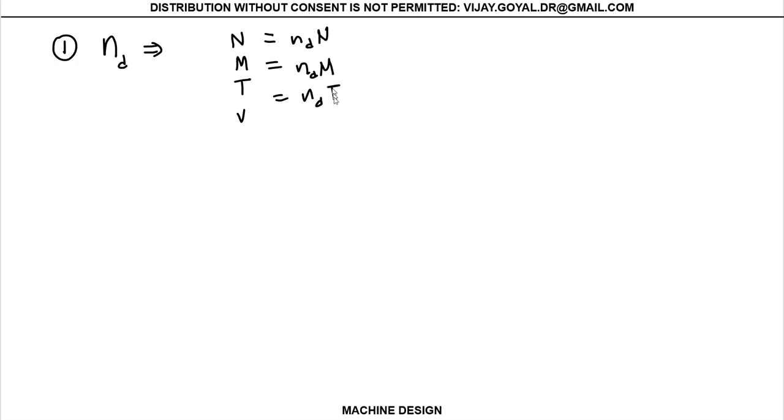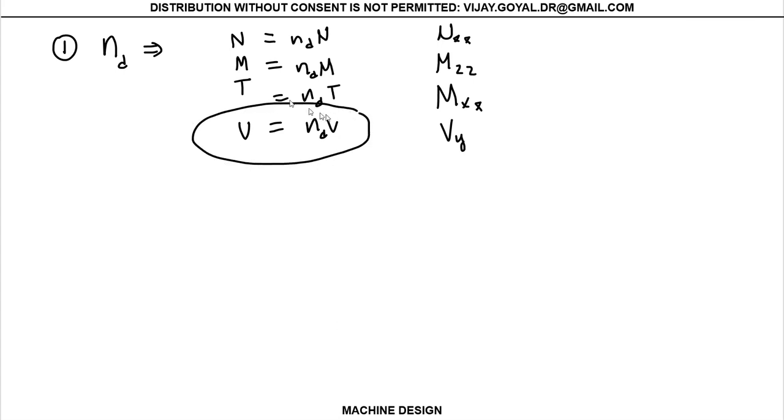Just remember that for our case, N was NXX, M here is MZZ, your torque was MXX, which comes from your homework, and your V is equal to VY. Typically, we don't need your VY for anything. This is not even used in the analysis. There's no test data available for it either, but just place it there for completeness. That's the first thing you want to do.